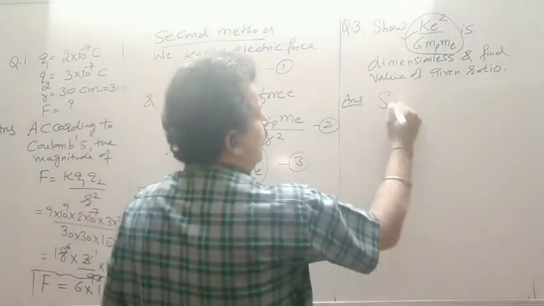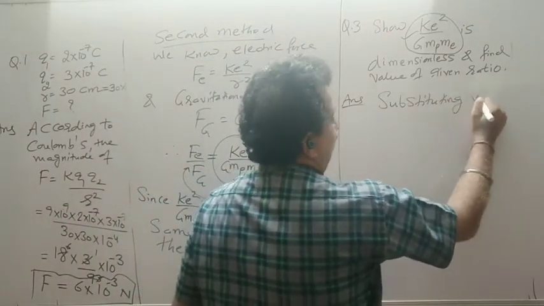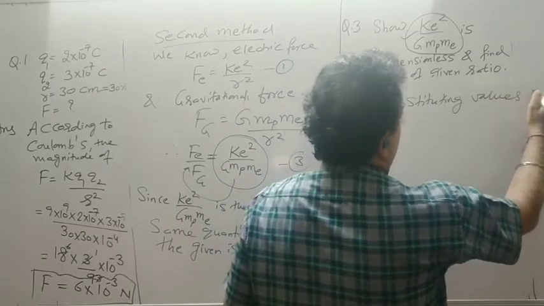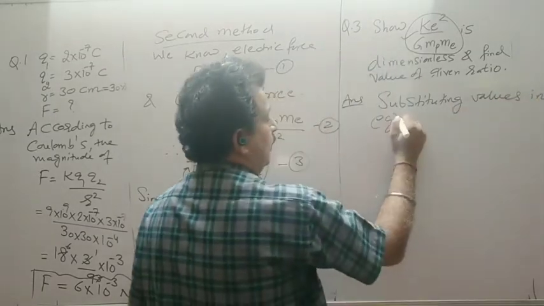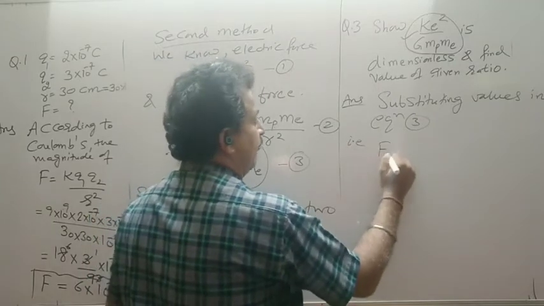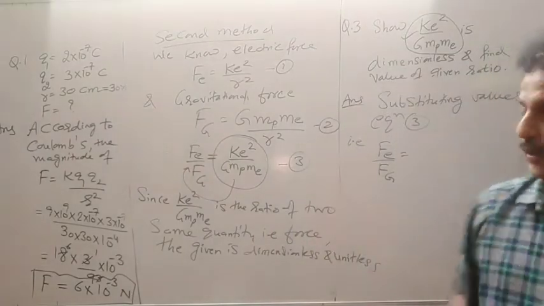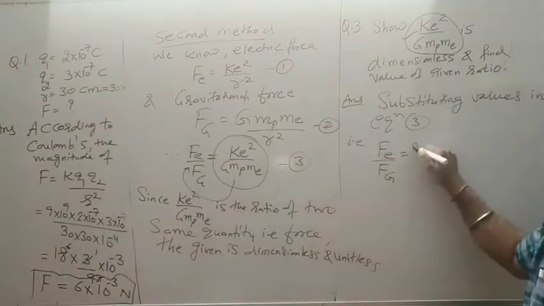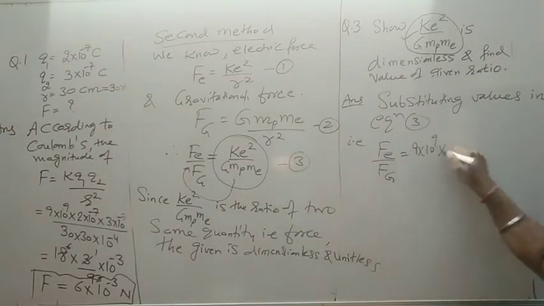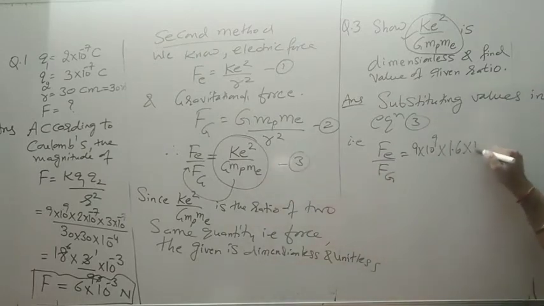So substituting values in equation 3, that is Fe upon Fg is equal to, now this is K, so 9 into 10 raised to 9, into e value is 1.6 into 10 raised to minus 19 coulomb, the whole square.